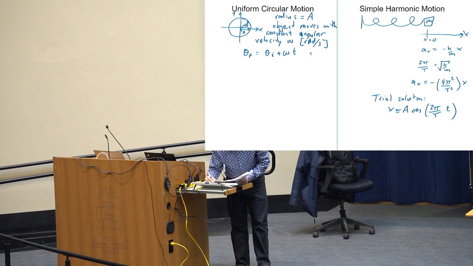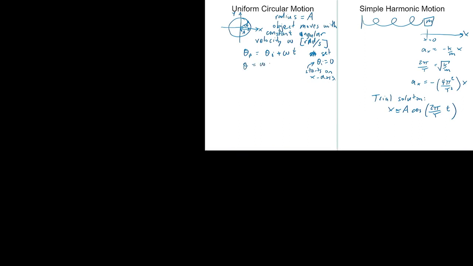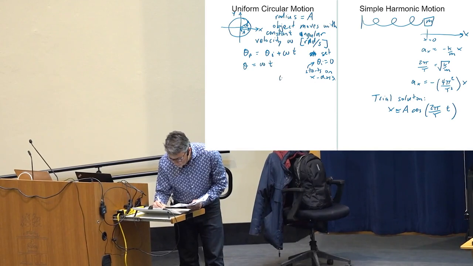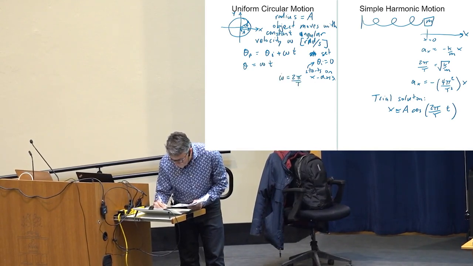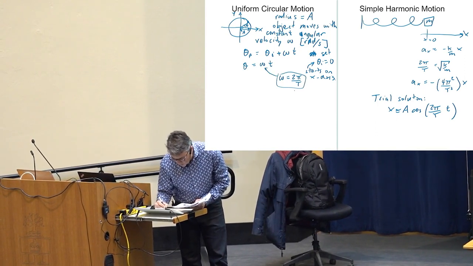And you can also set theta initial equals 0, so it starts on the x-axis. Then theta is equal to omega times t. Also, do you remember that omega is equal to 2 pi over the period for constant uniform circular motion?